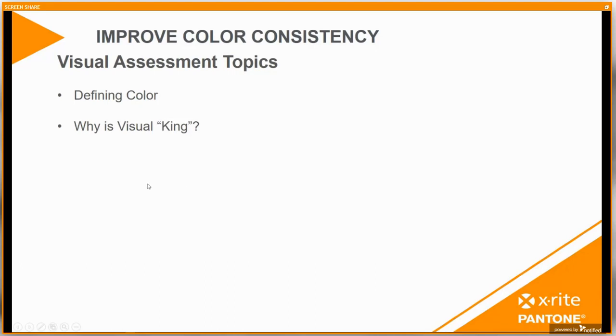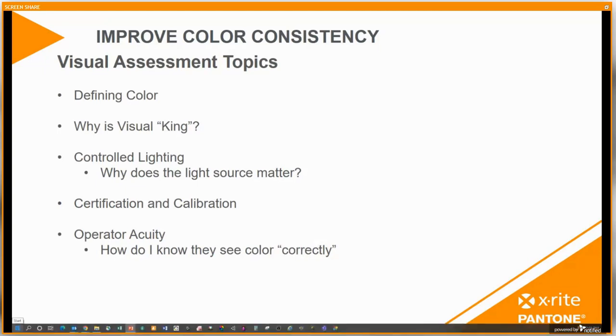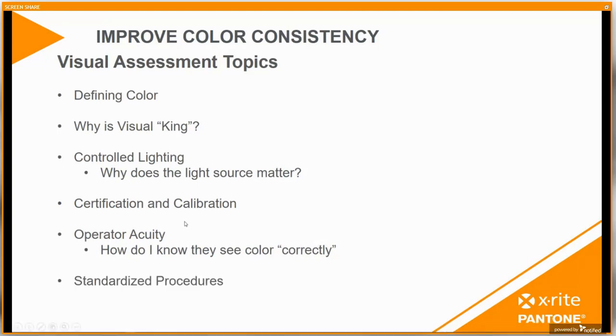We'll talk about controlled lighting and why the light source really matters. We'll talk about certification and calibration of those lighting sources that are being used. Then we'll talk about operator acuity and how do I know that that operator sees color correctly, whatever that might mean for you. And then ultimately talk about standardized procedures for managing all this.